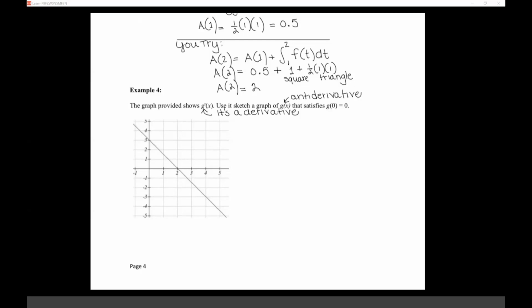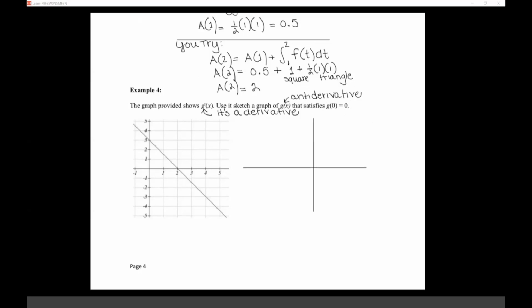That satisfies the fact that when x is 0, so is the function value. Let's ignore this constraint for now and just see if we can come up with an antiderivative function.